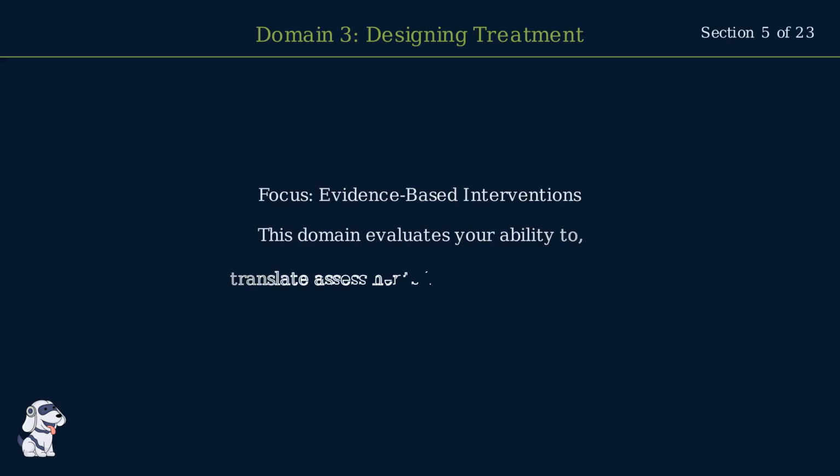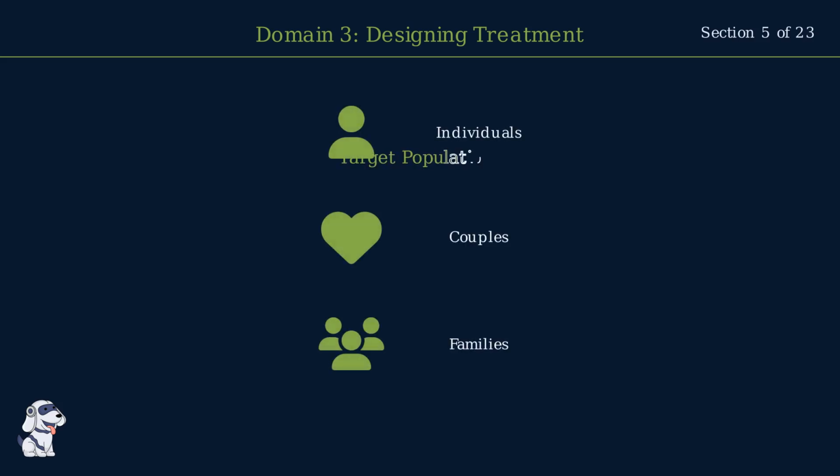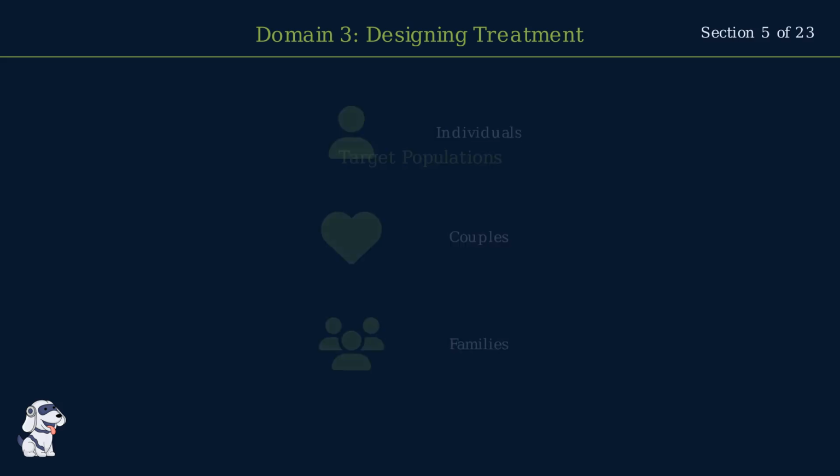Domain 3 focuses on the strategic design of treatment. This is where clinical assessments are translated into evidence-based interventions tailored to the specific needs of individuals, couples, and families. You must demonstrate competence in selecting interventions that are developmentally appropriate for diverse populations, ranging from individual therapy to complex family system dynamics.